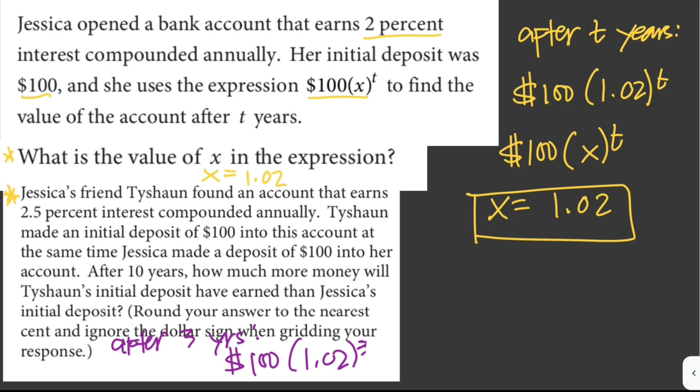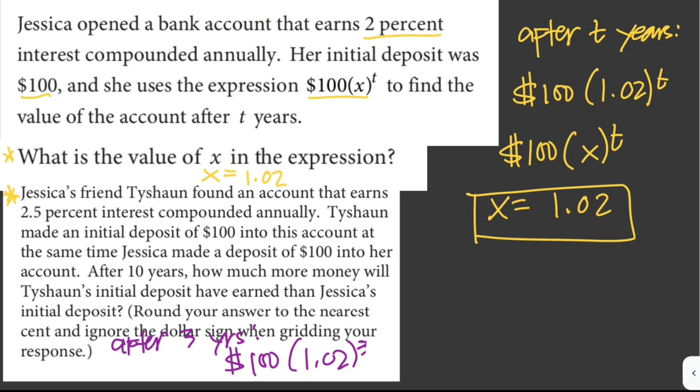Now let's answer the second question. Jessica's friend Tishon found an account that earns 2.5% interest compounded annually. Tishon made an initial deposit of $100, and at the same time Jessica made a deposit of $100. After 10 years, how much more money will Tishon's initial deposit have earned than Jessica's?